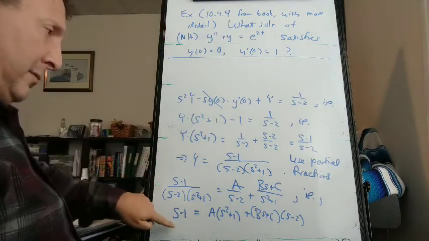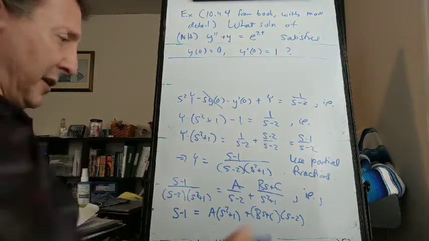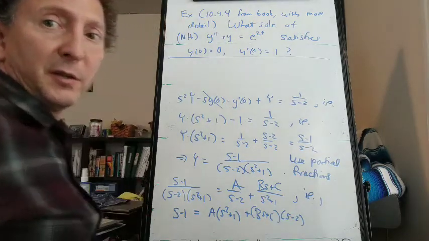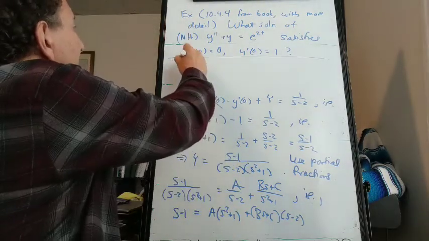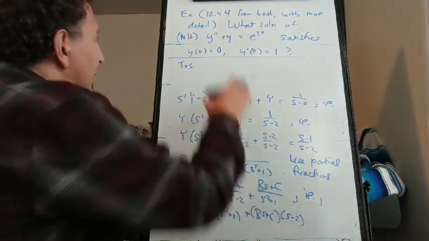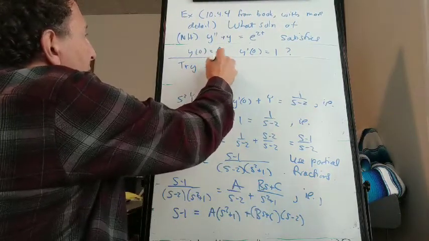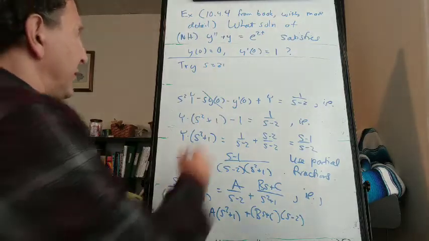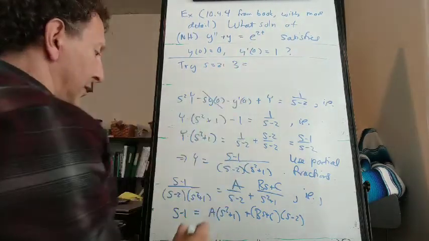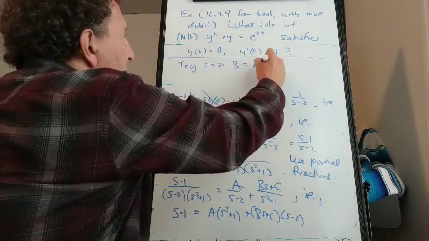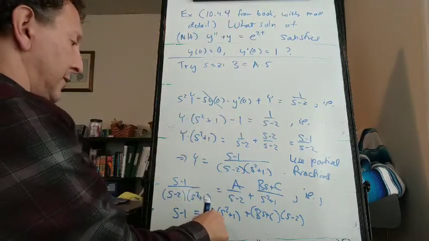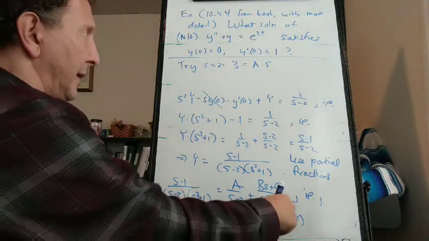All right, so s equals 2 would be a good thing to plug in because that would make the second expression disappear. So try s equals 2. Then we have 3 equals a times 5. 4 plus 1 is 5. And that's it.